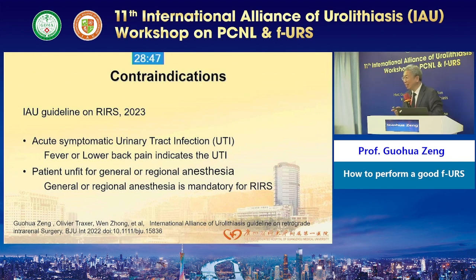Sometimes for PCNL you can do local anesthesia, but I remember you cannot do RIRS under local. It is impossible, because the patient may have bleeding and ureteric pain. You cannot do it.